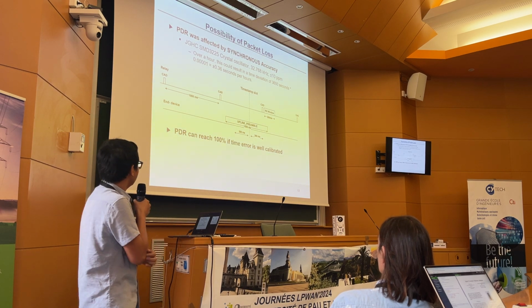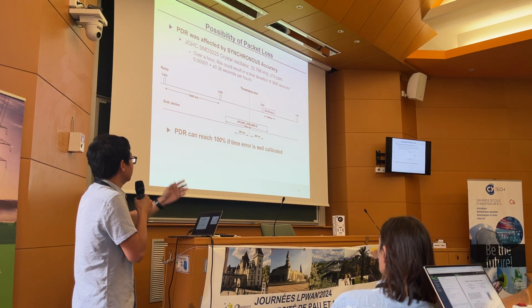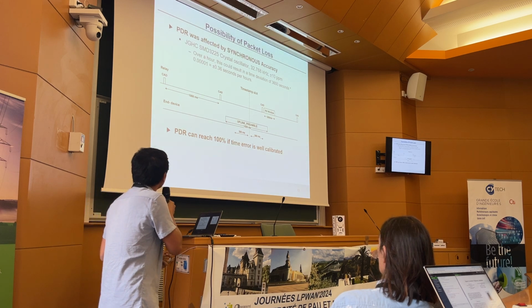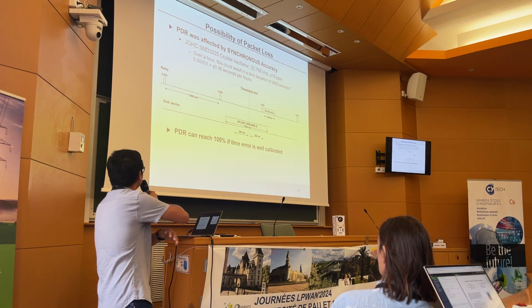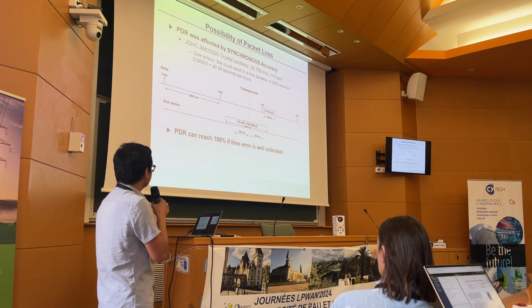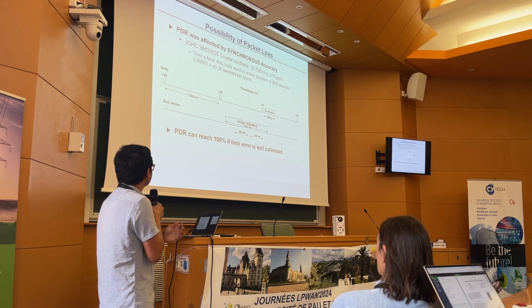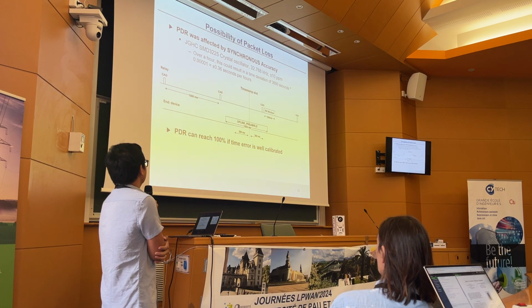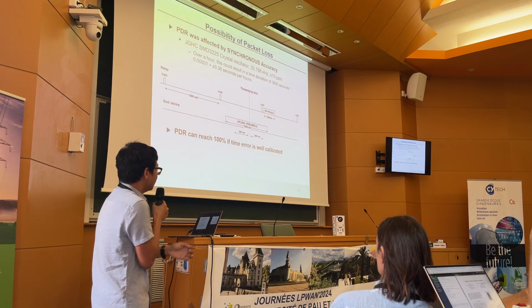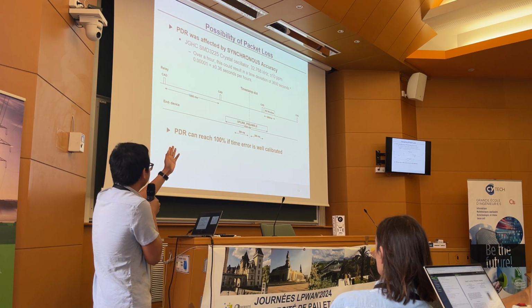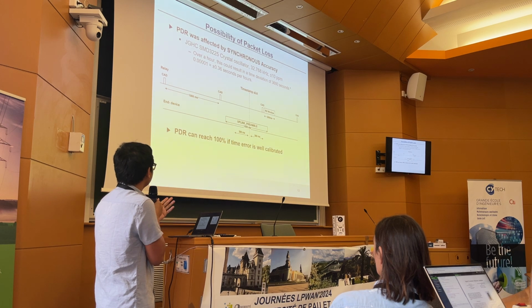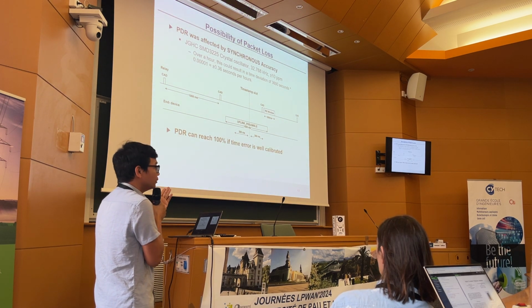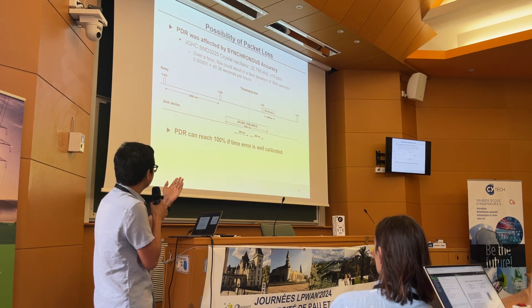And we also evaluate the possibility of packet loss, because we decided to schedule the relay, so the packet loss or packet delivery rate will affect very much the synchronous accuracy, like the crystal oscillator accuracy.